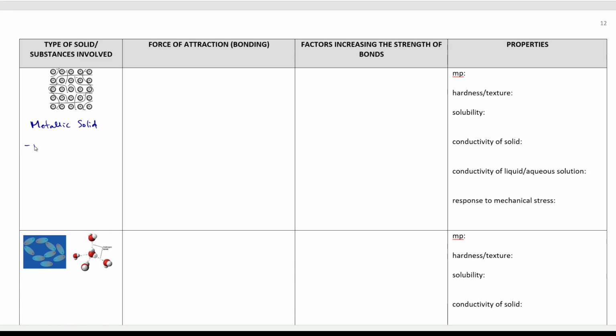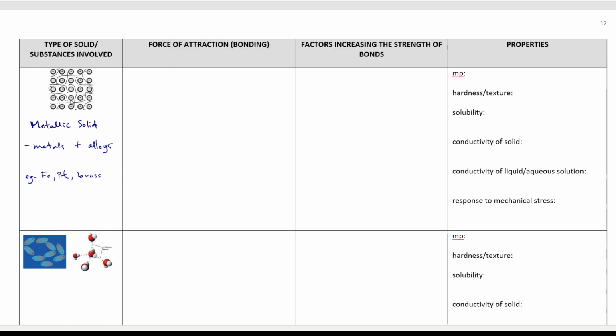So metals, but also alloys as well. And alloys are just mixtures of metals, such as, for example, brass, right? So metals could be like iron or platinum, but like we said as well, it could be an alloy like brass.